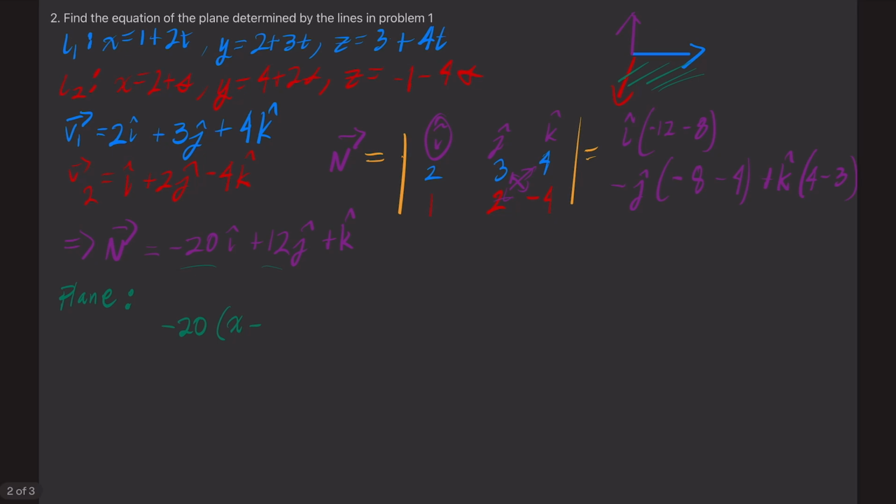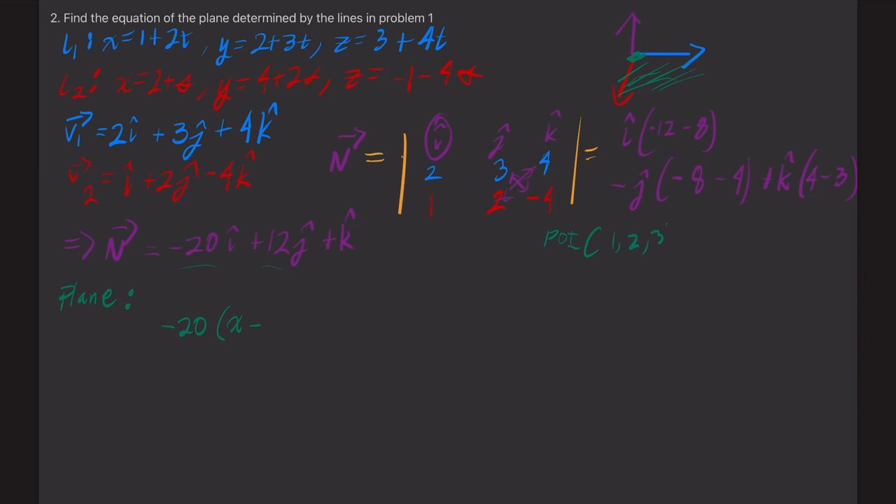So what's a point that we know is in this plane in 3D space? That's right, that intersection right there. And we found that last problem, that point of intersection is 1, 2, 3.